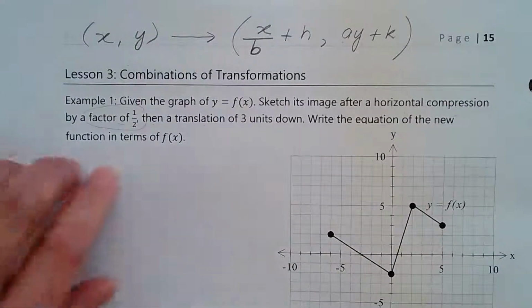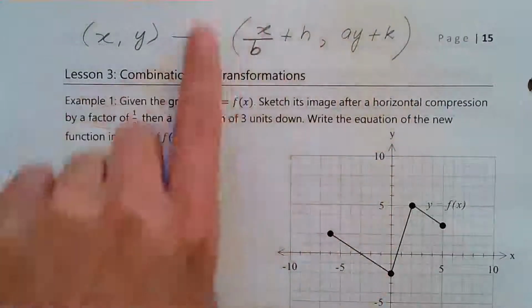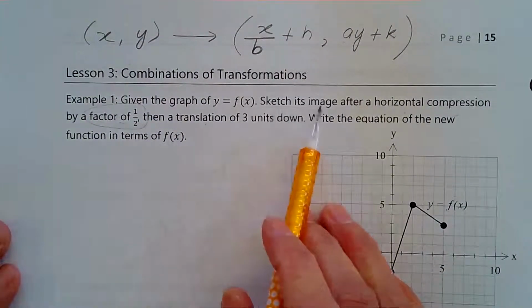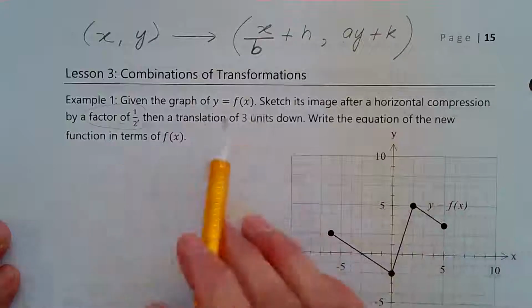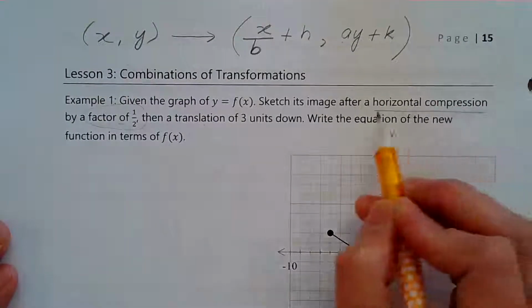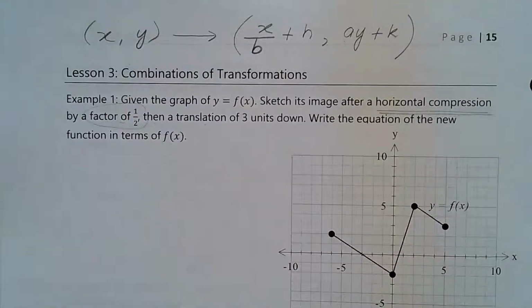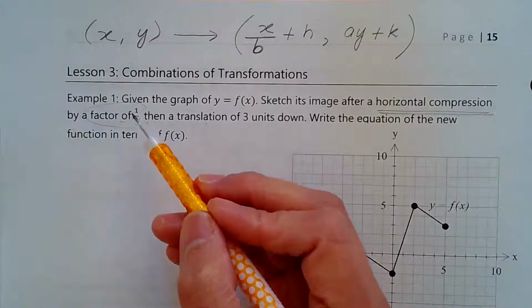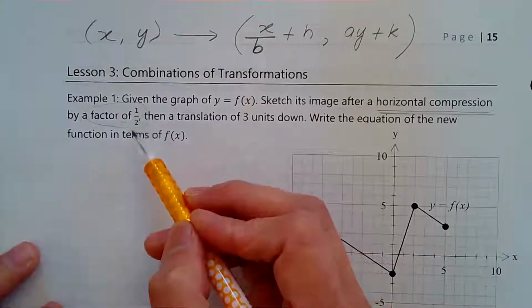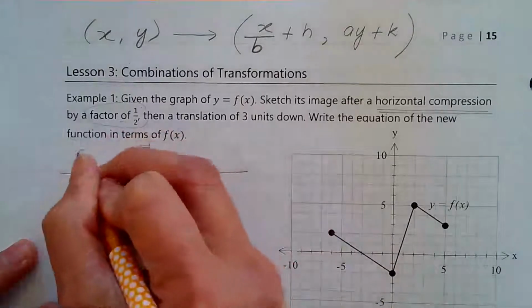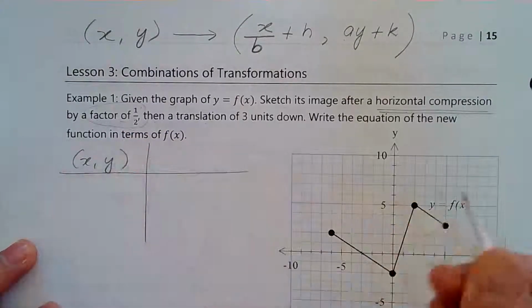So this is basically what's going to happen here. Sketch its image after horizontal compression by a factor of 1/2. When we say horizontal compression, they're already telling us what we're multiplying with, by 1/2. We start with our key points, x, y.